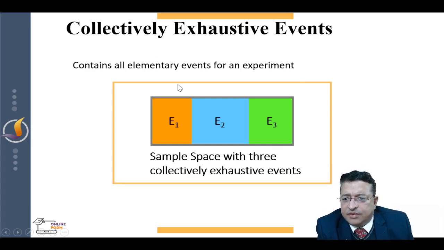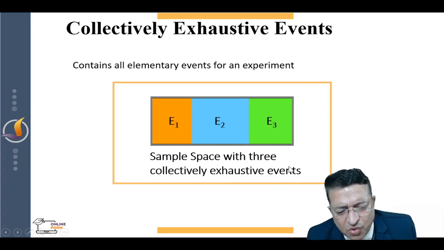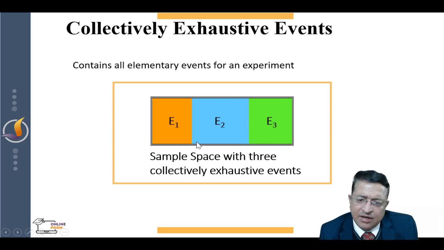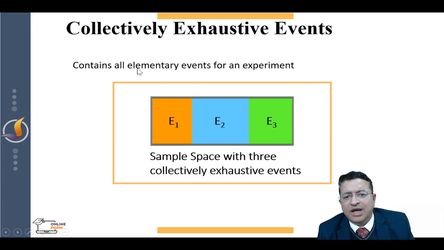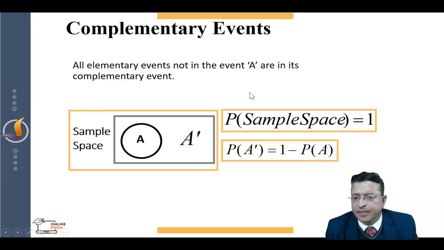Collectively exhaustive events contain all elementary events of an experiment. So, in a sample space with collectively exhaustive events, for example when we toss a die, all the 6 numbers would be all the elementary events, and we call them collectively exhaustive events.